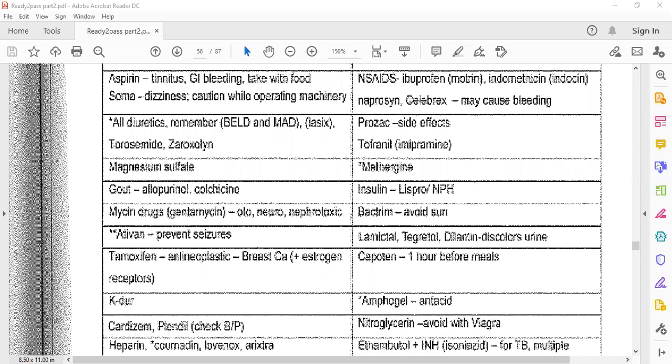All are commonly used as non-steroidal anti-inflammatory drugs, right? They reduce the pain, reduce the fever, and also prevent blood clots.